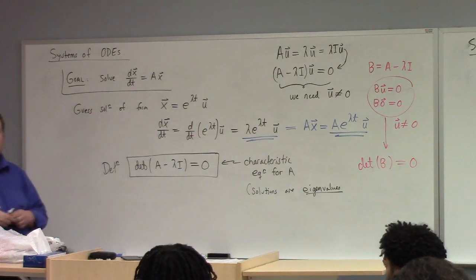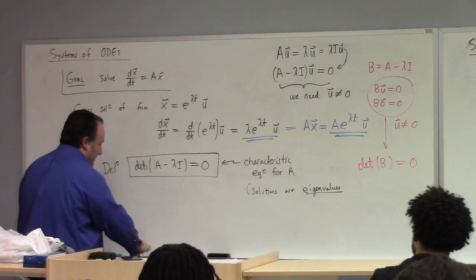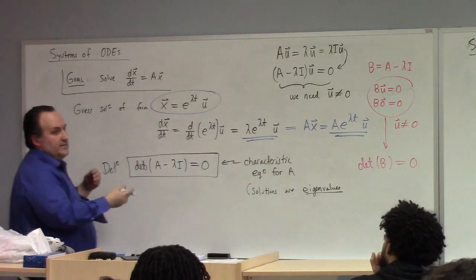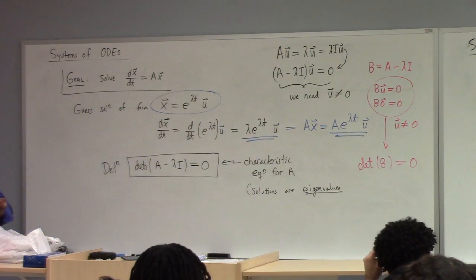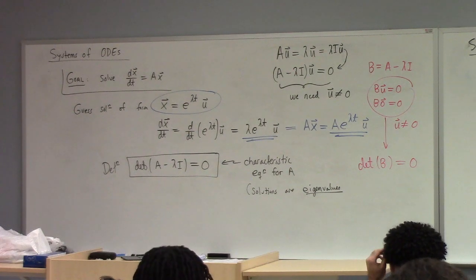I call this solution that we constructed right here an eigensolution, because what you're looking at is e to an eigenvalue times time times u. By the way, u is called an eigenvector.